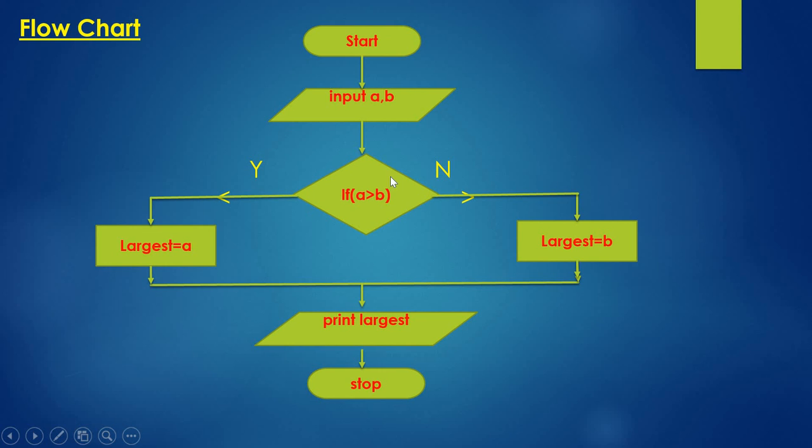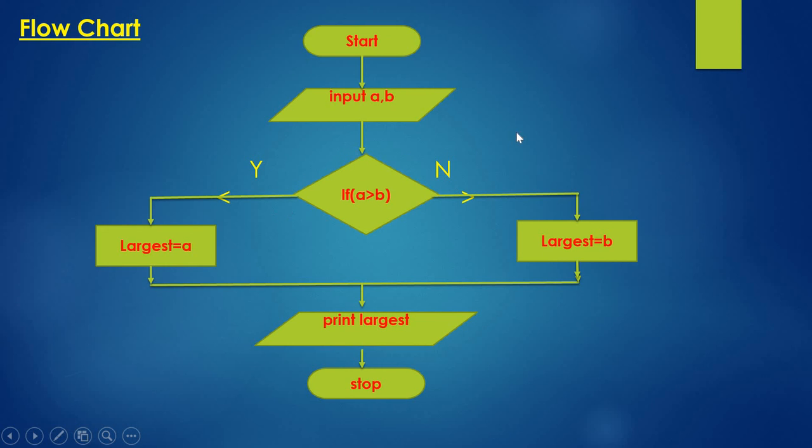Then we have to represent whether it is wrong or correct. If A greater than B is yes, yes means that condition is true. N means no, no means that condition is false. Instead of Y and N, you can write T and F.